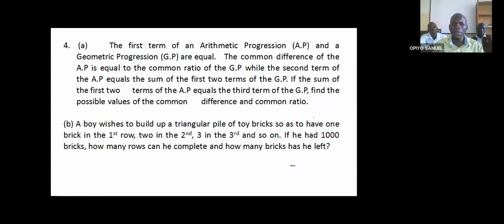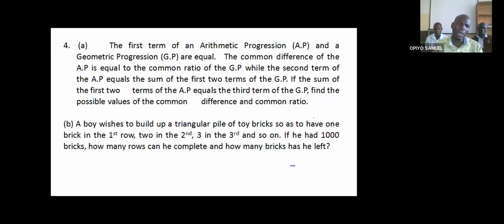Then the common difference of the AP is equal to the common ratio of the GP, while the second term of the AP equals the sum of the first 2 terms of the GP. If the sum of the first 2 terms of the AP equals the third term of the GP, find the possible values of the common difference and common ratio.